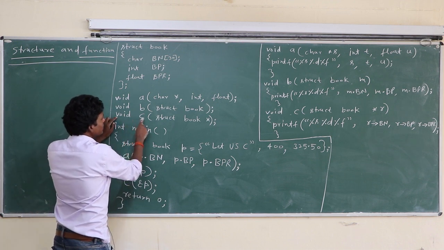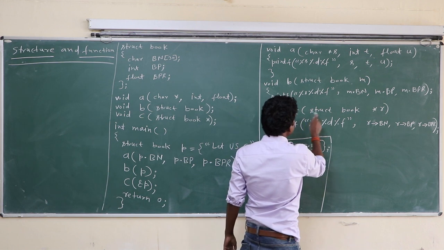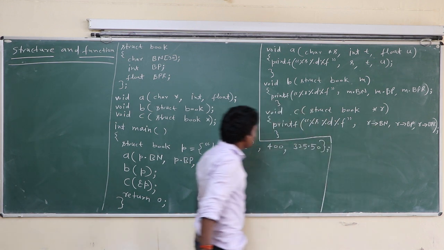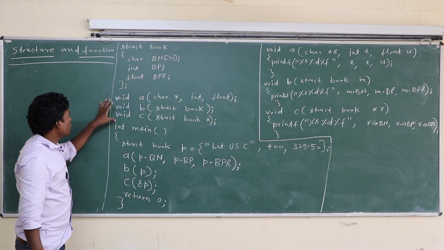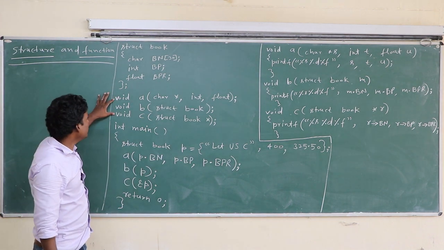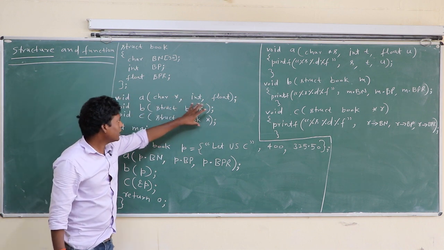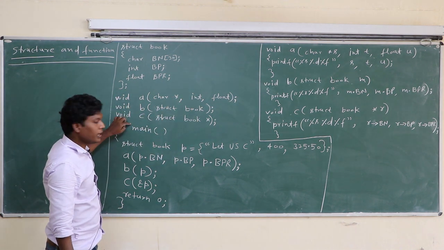Here is void C struct book asterisk. Okay class, so function prototype declarations of three functions A, B, C are declared here above the main.